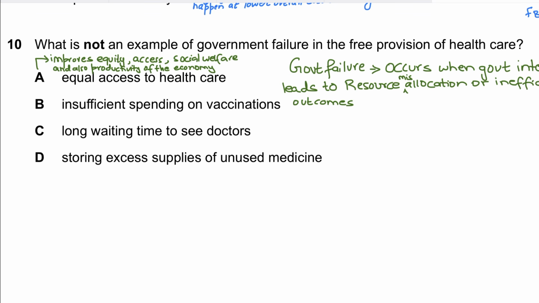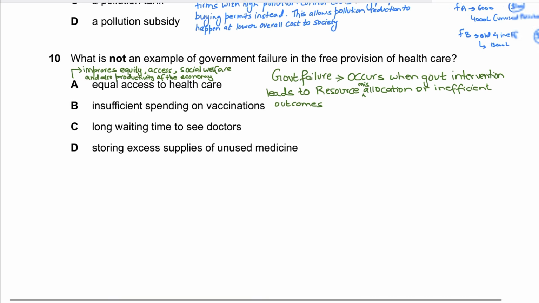Long waiting times are again a problem. Long waiting times to see doctors are a common issue in public healthcare systems where the government provides care free of cost, due to excess demand and resource shortages. Then excess unused supplies of medicine represent waste and inefficient allocation of resources. So A has to be the correct answer.